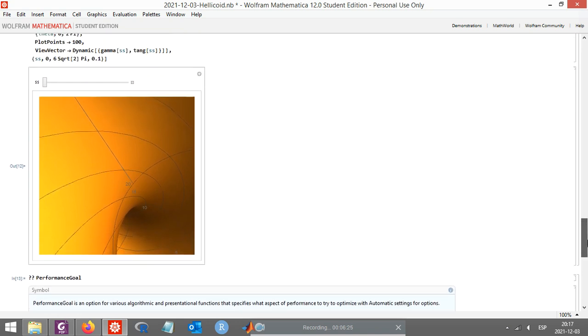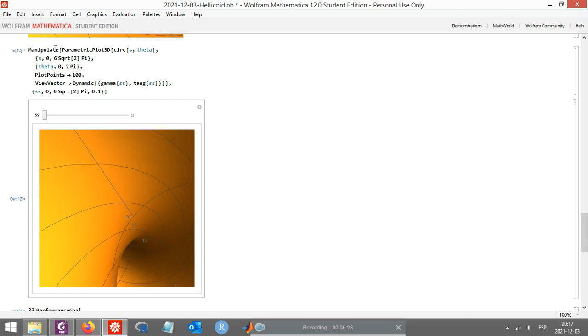And this is where I found the problem, because, for example, if I do this with, instead of animate, I wrote manipulate of this, I write parametric plot, which gives the plot in this, and then enough points for the plot to not be a potato, and then view vector dynamic this, and this option for the manipulate.